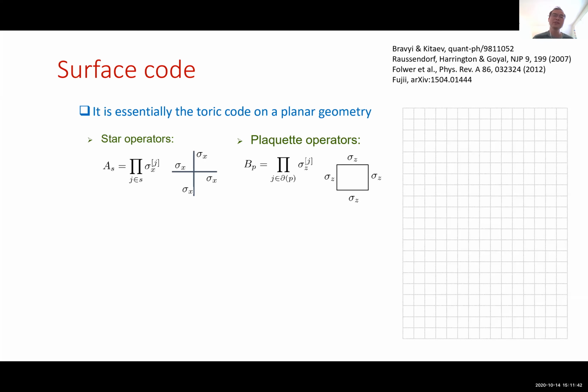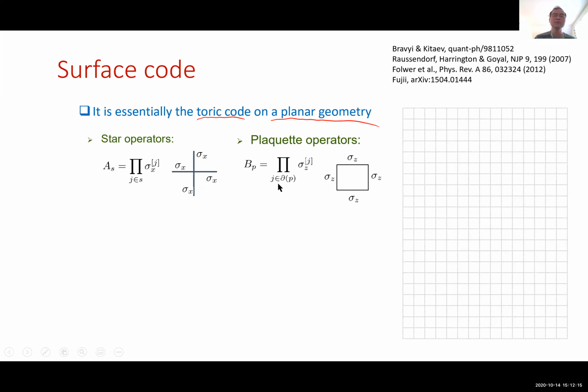But this code is essentially the toric code, but on a planar geometry. So remember that the toric code has the star operator, which for a vertex, acts on the 4 nearby edges, the qubits on these edges, in this XXXX form. The plaquette operator acts on the 4 qubits surrounding a plaquette.